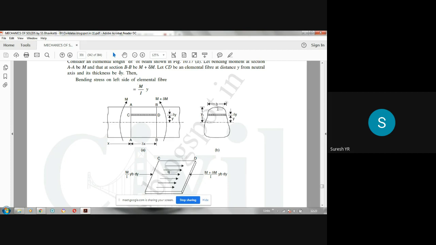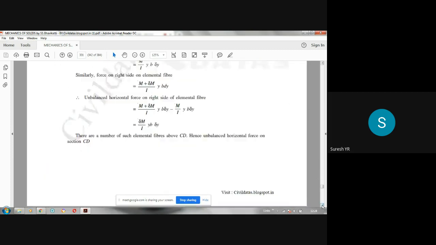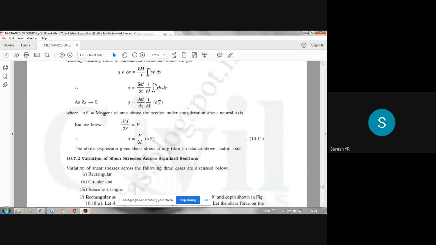So the distance of the centroid of that area from the neutral axis is y bar. That combined a into y bar is called the moment of the area above the section under consideration about the neutral axis.